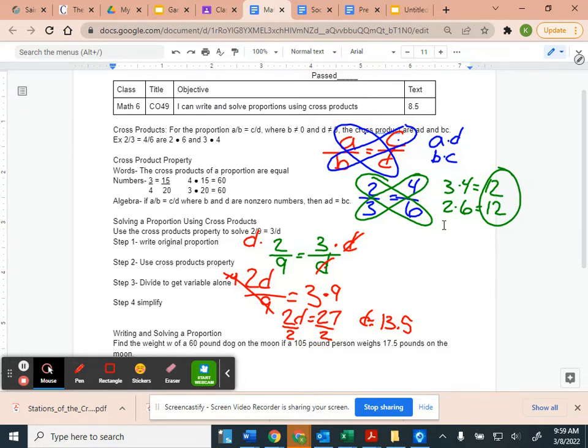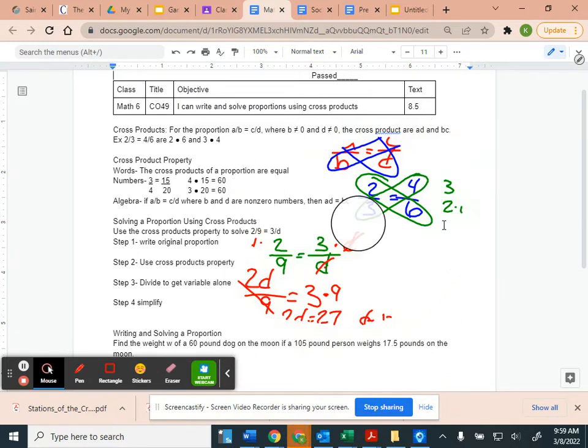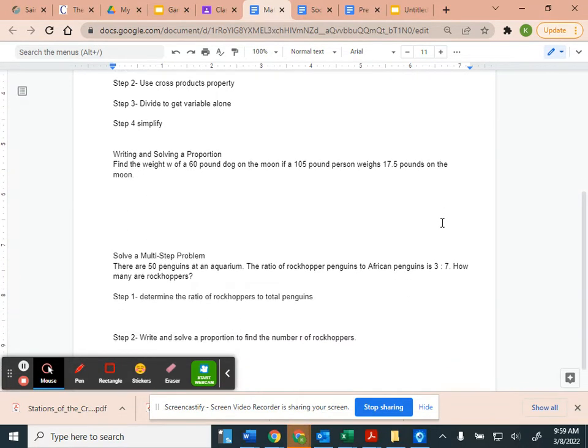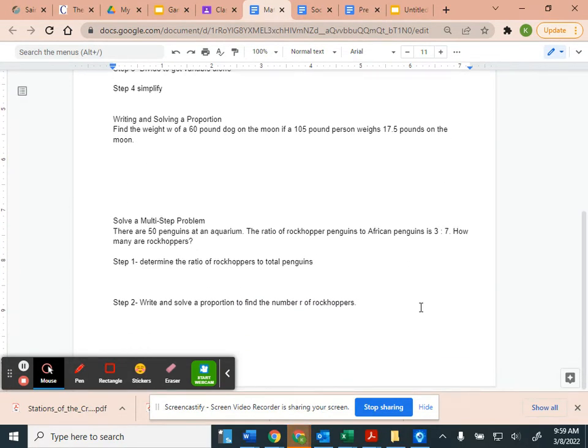So let's scroll up. Find the weight of a 60-pound dog on the moon if a 105-pound person weighs 17.5 pounds on the moon.